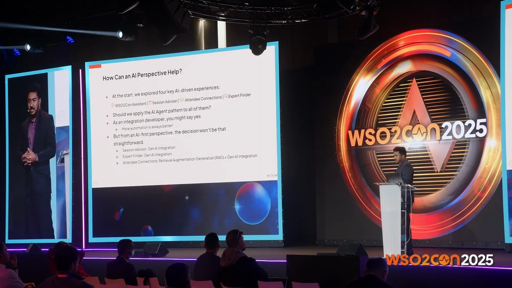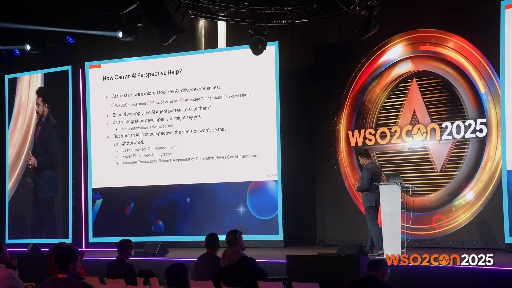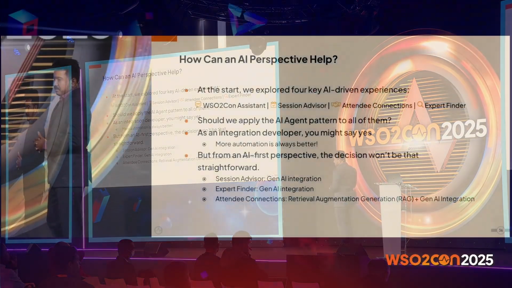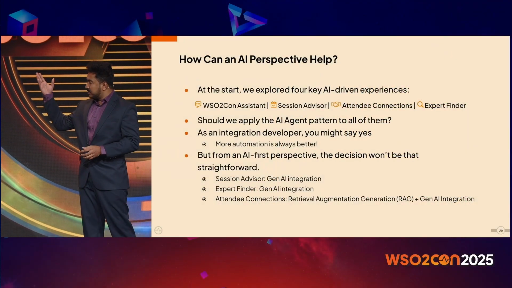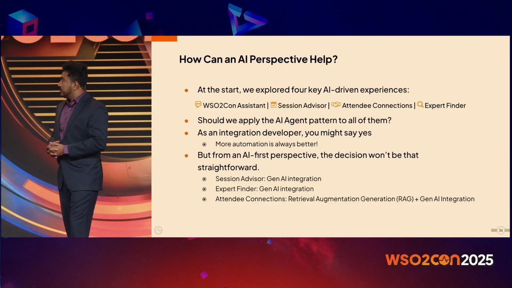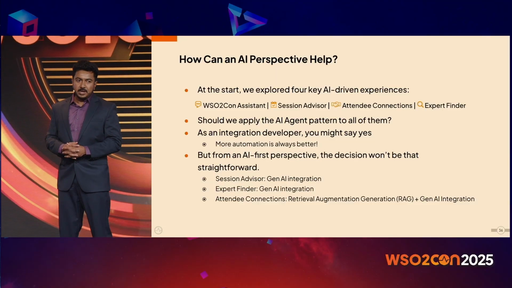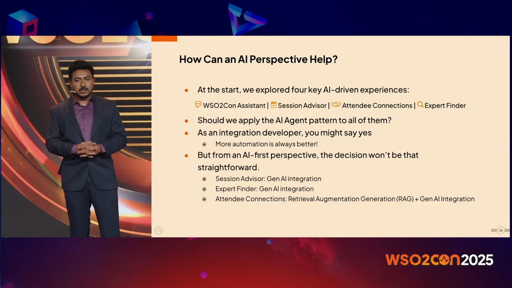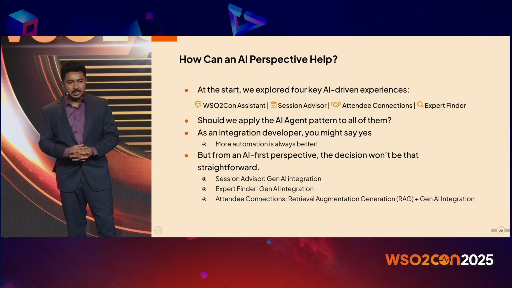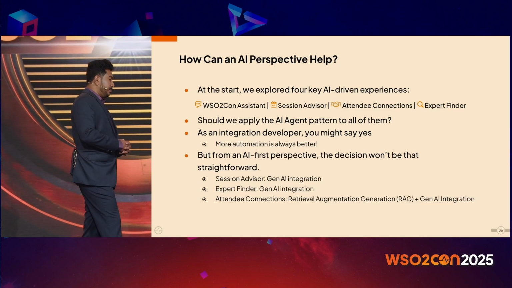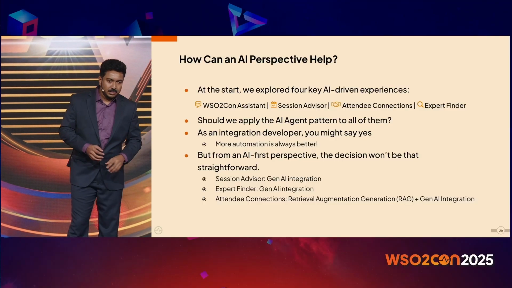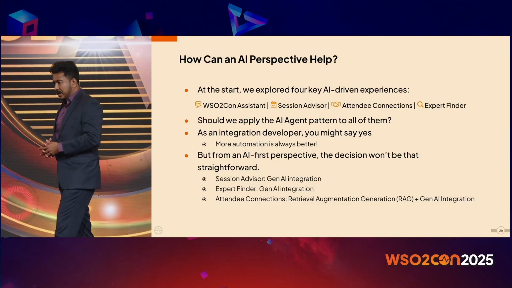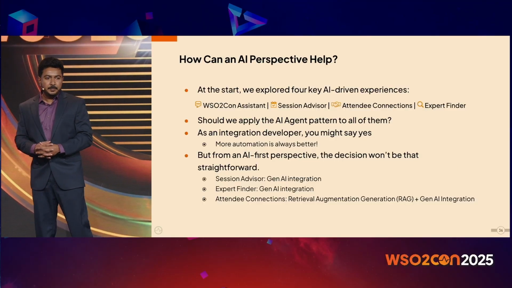And also another example is how an AI perspective can help. For example, we discussed 4 use cases, right? If you look at all those use cases and think, okay, how can I implement them easily? Then we will think, okay, I will use agents, right? So I can just write them as agents, do the prompt, and also integrate the APIs.